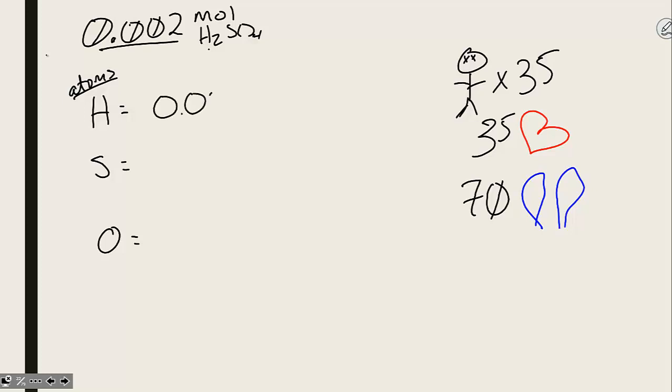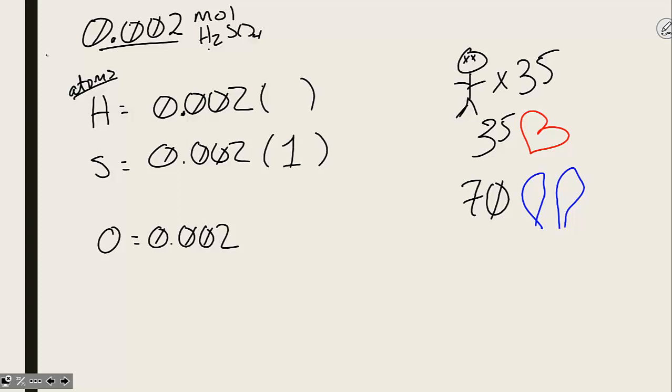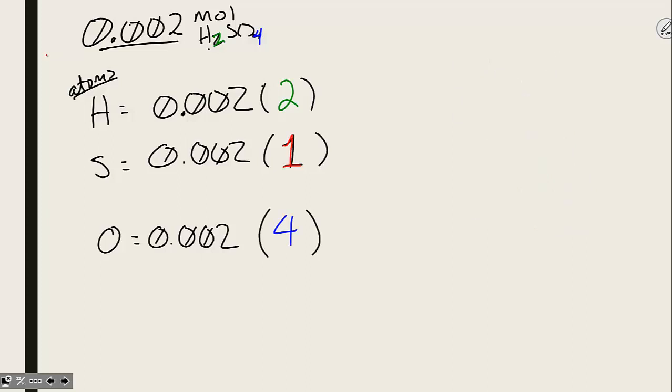So we'll take that 0.002, and for each mole that we chop up, we get 1 sulfur, but we would get 2 hydrogens and 4 oxygens. So these change our numbers a bit.